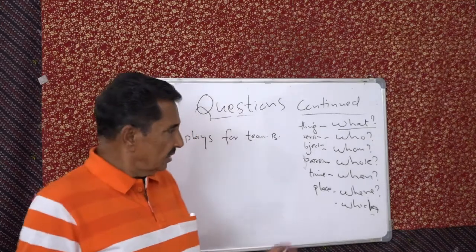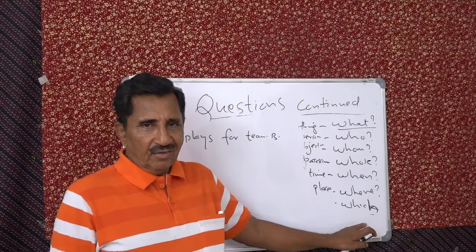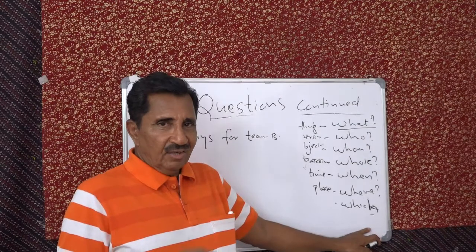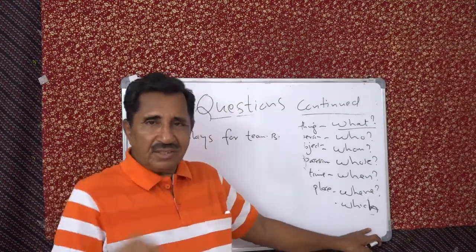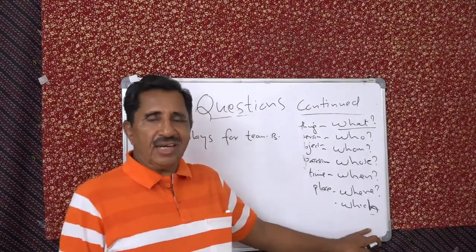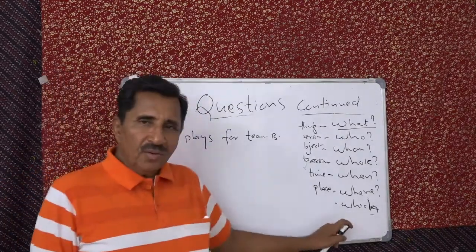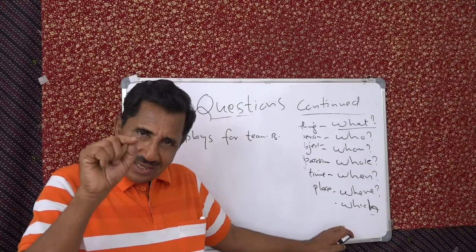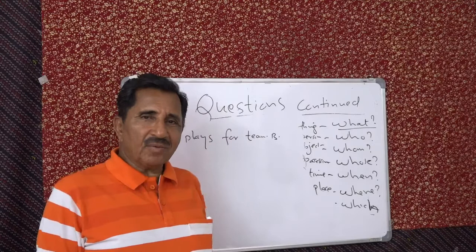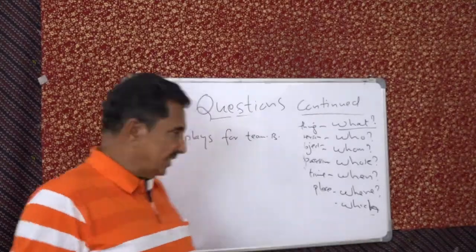In such cases you use which. When you say which team, there are 2 or 3, 4 teams. Let's have 4 teams. And Jack is playing. And you want to know the name of the team where Jack plays. So what question word will you say? Sure, which. You want to find out the identity.